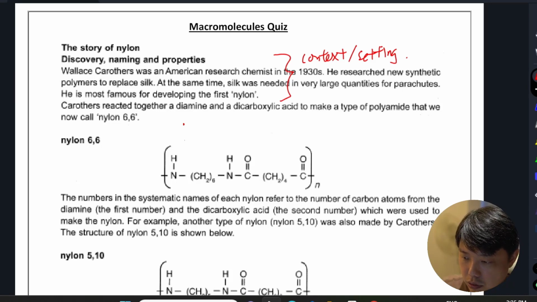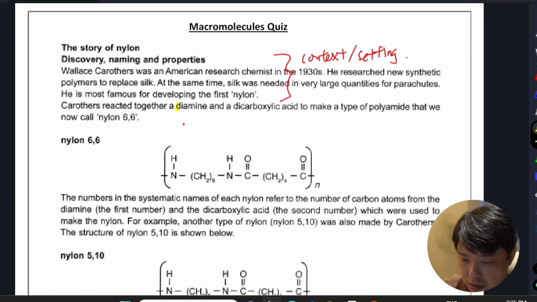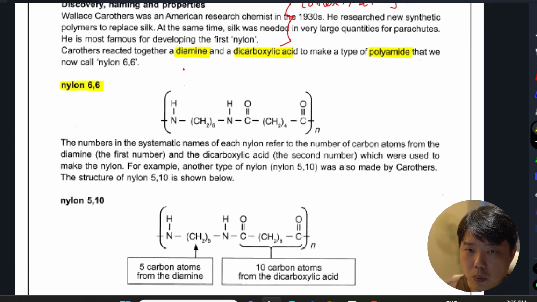But we first need to sit up and take note of this when they first started to describe nylon 66. So you have a diamine and a dicarboxylic acid to make a polyamide. We call this nylon 66. Then they proceeded to tell you why it is called nylon 66.